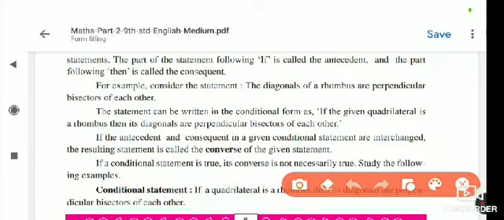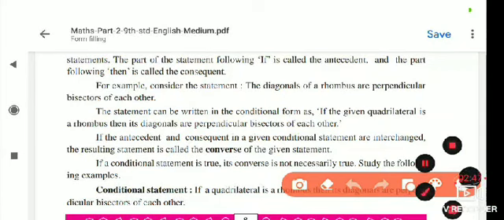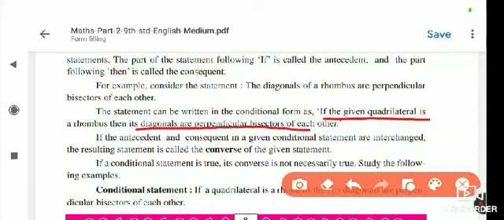What I said is that if the given quadrilateral is a rhombus, then the diagonals are perpendicular bisectors of each other.